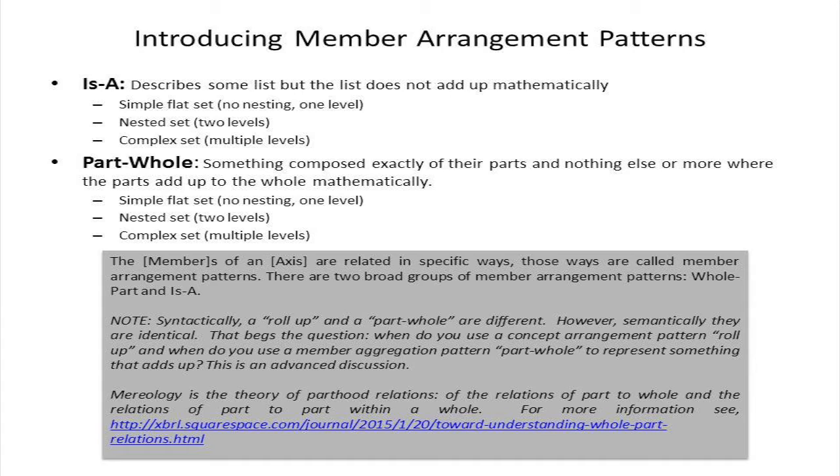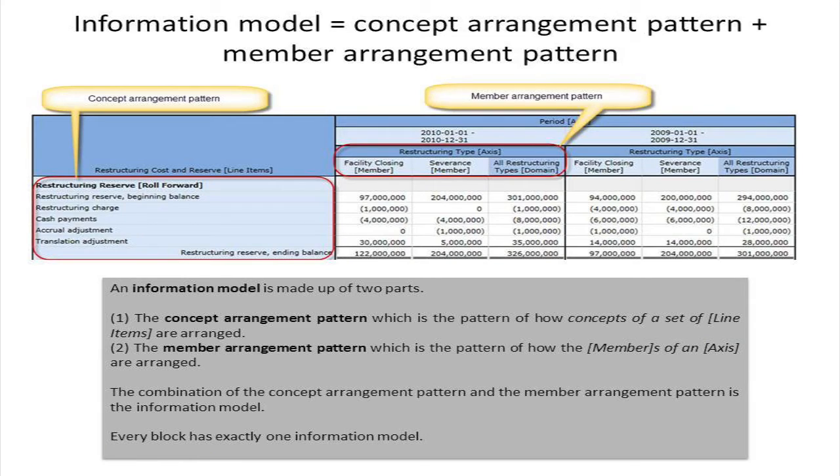The parts add up to the whole. So that's the basic idea of member arrangement patterns. You have an is-a type relationship that just describes, and a whole part or a part-whole relationship that shows how things add up. So that's a pretty simple idea.